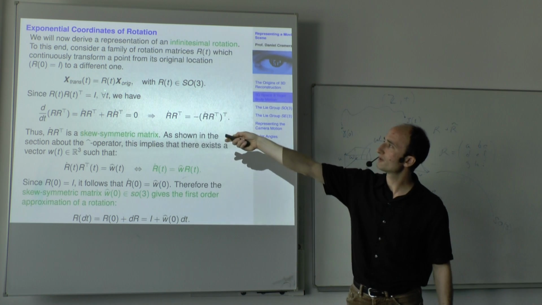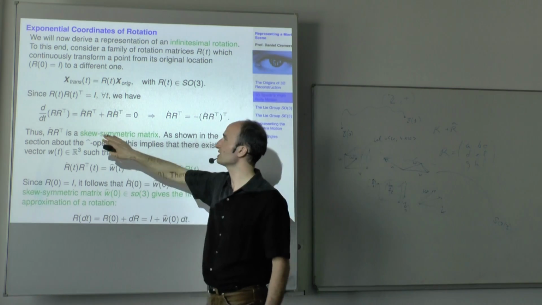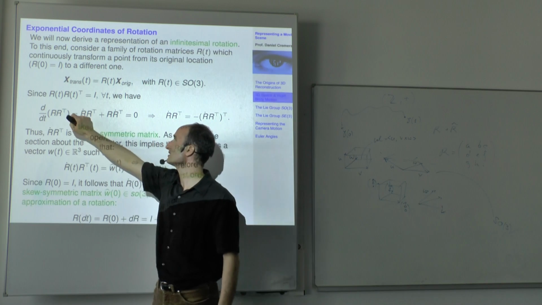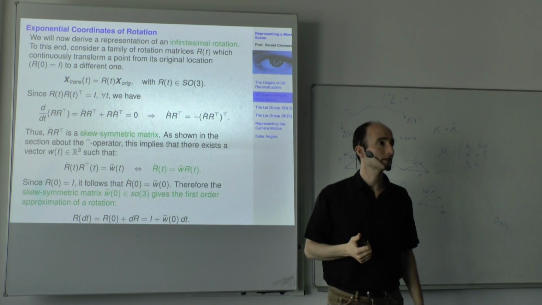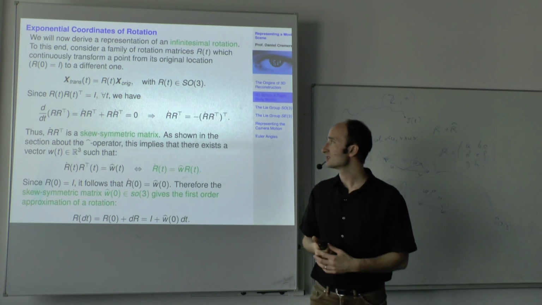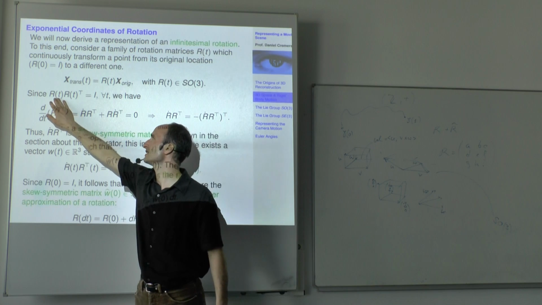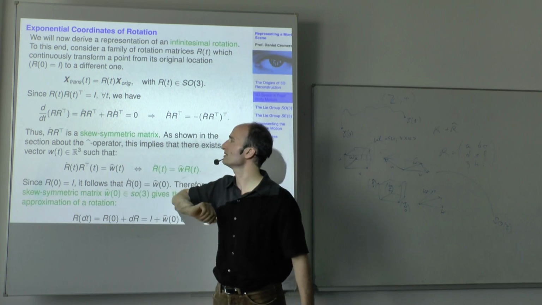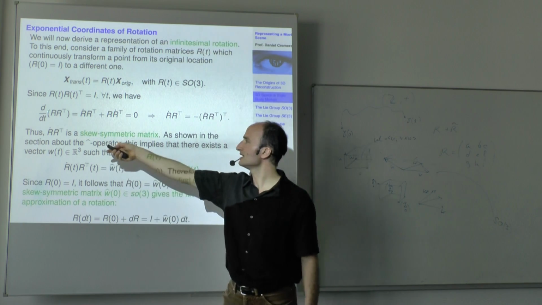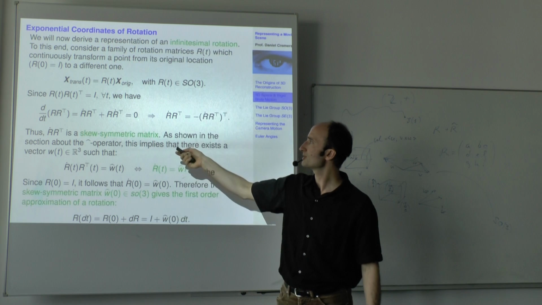If this is true for all times t, you may remember from analysis, if an expression in time is constant over time, it means the derivative with respect to time must be 0. And so we can deduce, if all these matrices for any time t are orthogonal matrices, that implies that d by dt of this R R transpose must be 0.